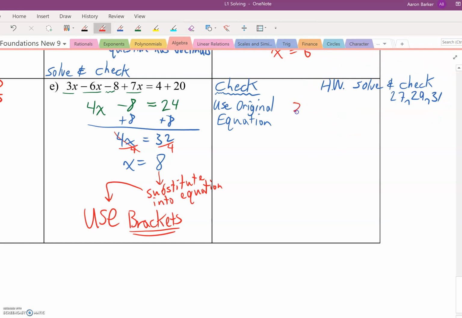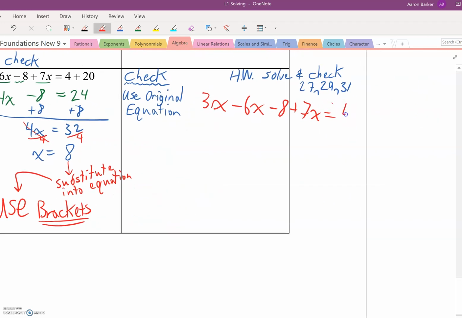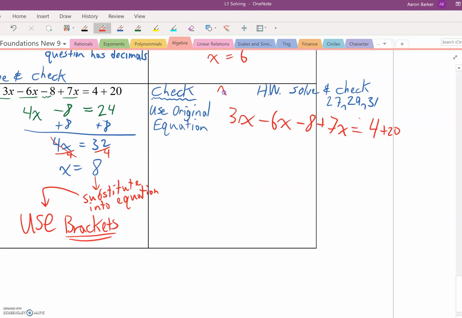So let's start by writing the original equation, 3 times x minus 6 times x minus 8 plus 7 times x equals 4 plus 20. So I'm going to start with the original, and I'm going to say x equals 8. So I will substitute that in at all the locations where I have an x value. Okay.